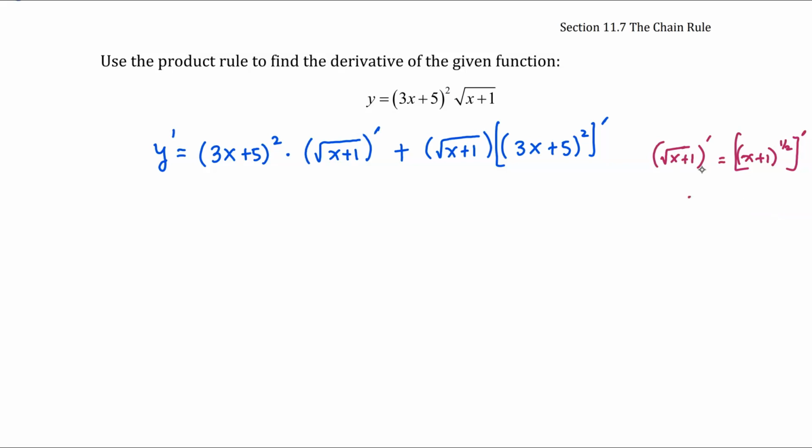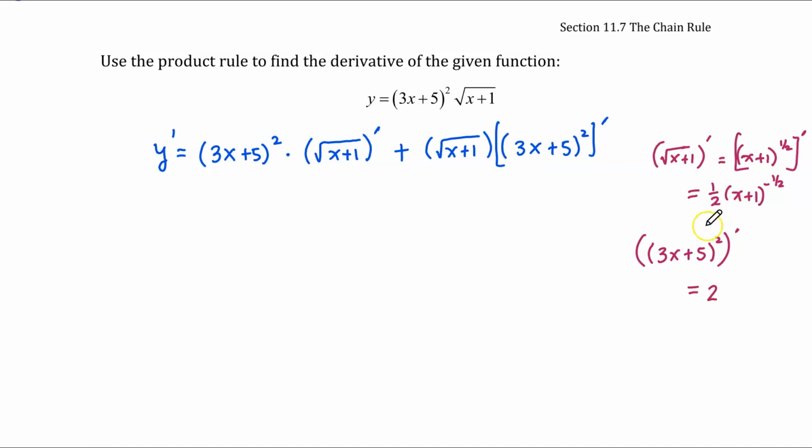Now the derivative of that using chain rule will be 1/2. So you bring down the exponent, and then you have x plus 1 raised to, subtract 1 from the power here, raised to negative 1/2. And then here the derivative of (3x plus 5) squared, the derivative of that using chain rule is equal to 2.